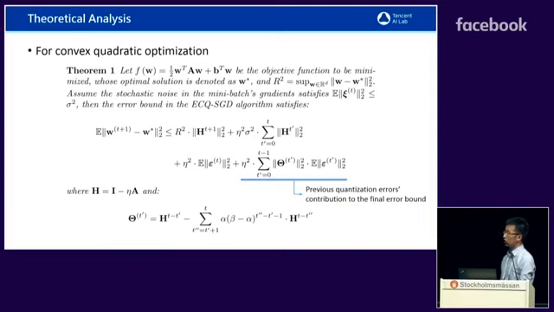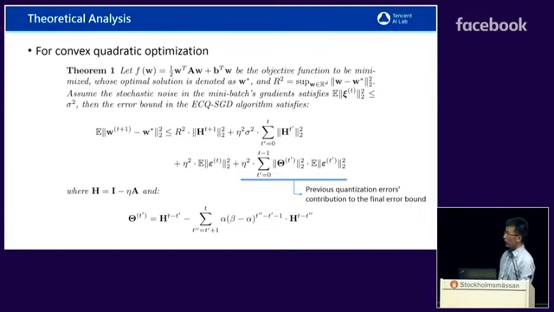Now we limit our discussion to convex quadratic optimization, which is given by F(w) equals this equation. We have this theorem on the worst-case error bound of the ECQ-SGD algorithm.